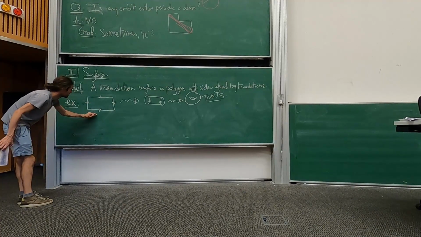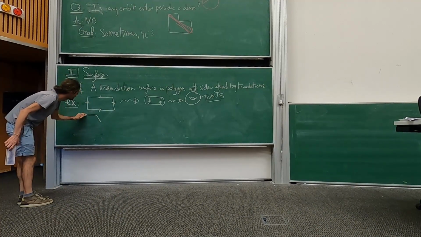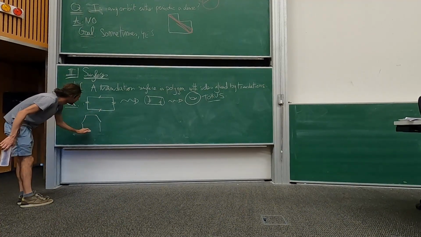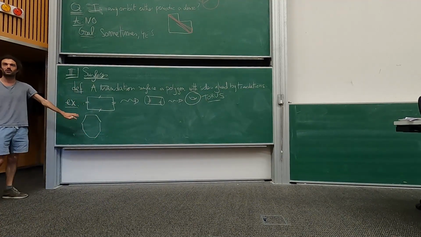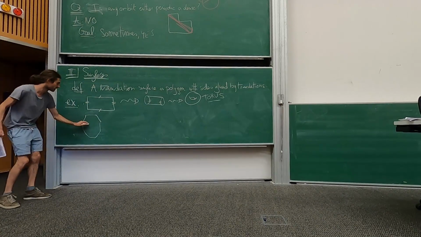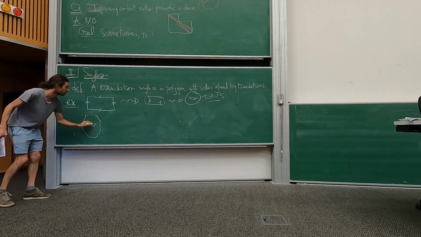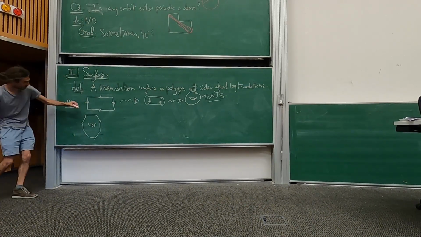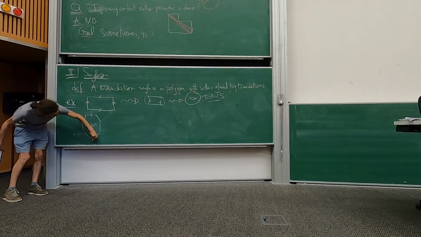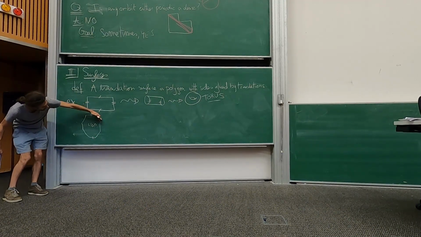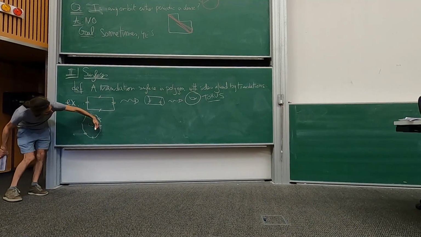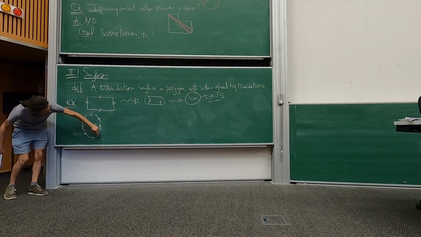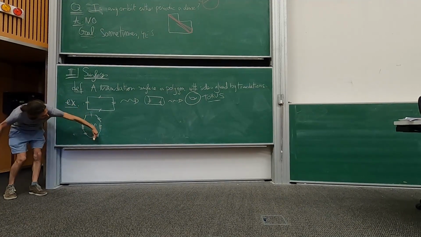And another one, more complicated, is I take a regular octagon, so it's just the stop sign, and I glue the top to the bottom, and this one I translate here, this one I translate here, and this one here.